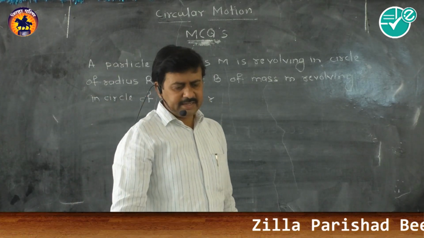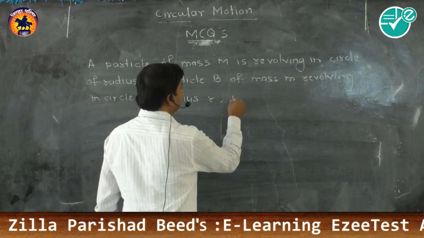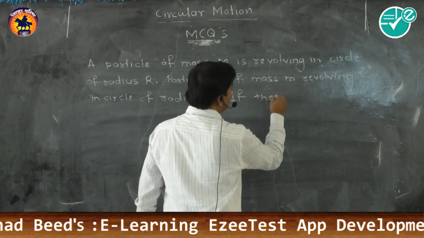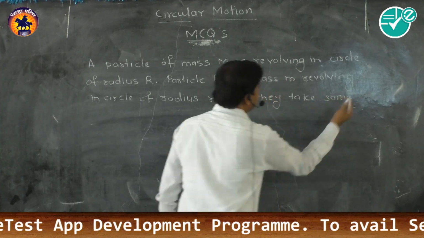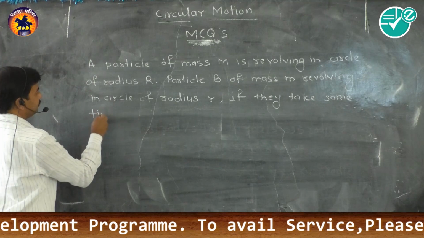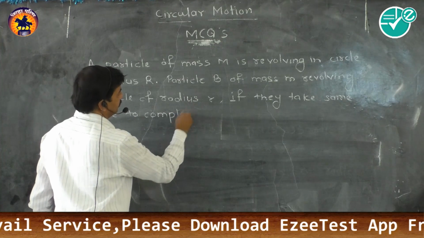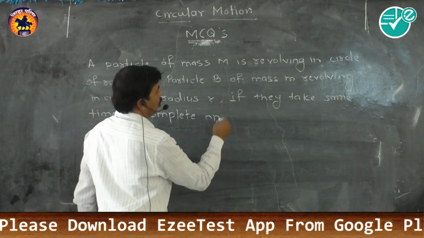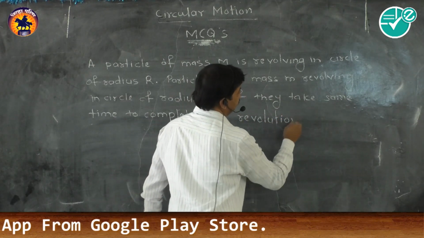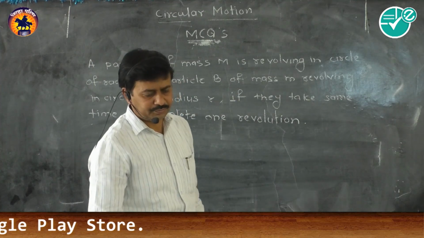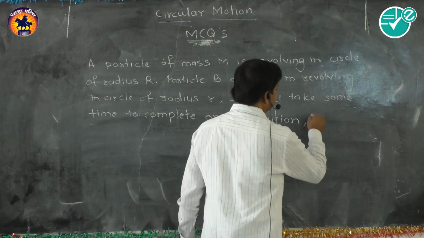If they take same time to complete one revolution, then the ratio of their angular velocities is.